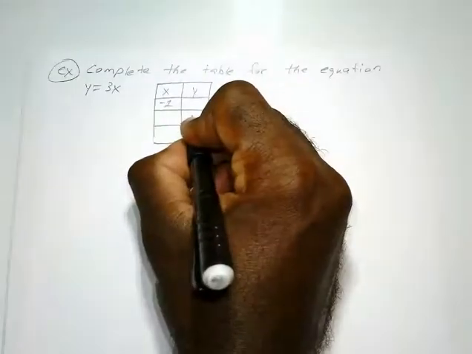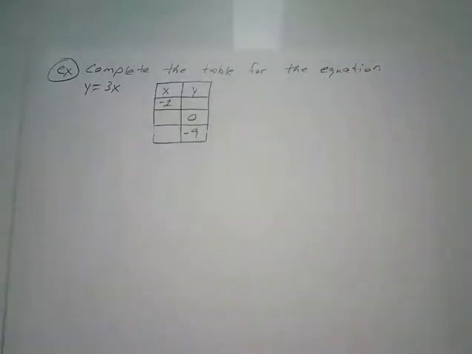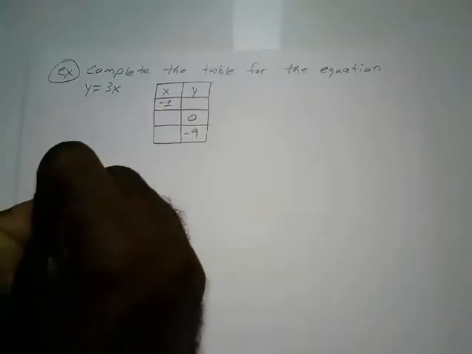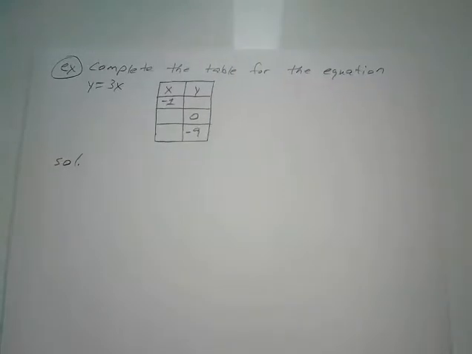Let's say for this spot here, you're going to put 0. And for this spot here, you're going to put -9. All right.